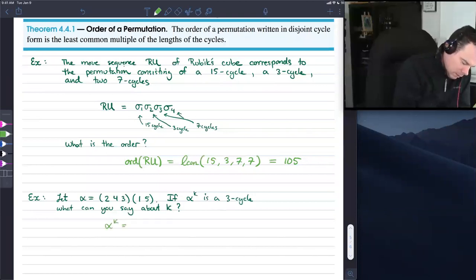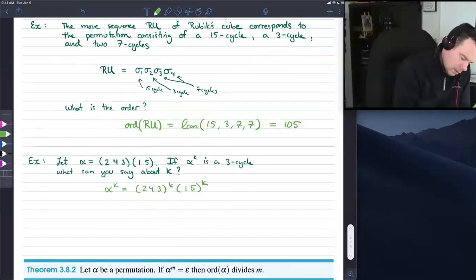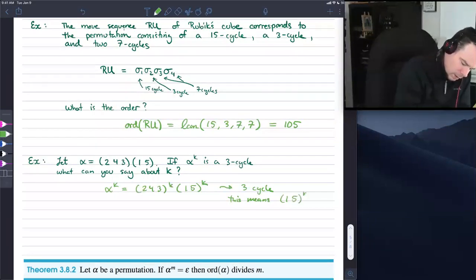We have that alpha to the k is the 3 cycle to the k times the 2 cycle to the k. If this is to be a 3 cycle, this means the 2 cycle to the k would be the identity, which means k is even.